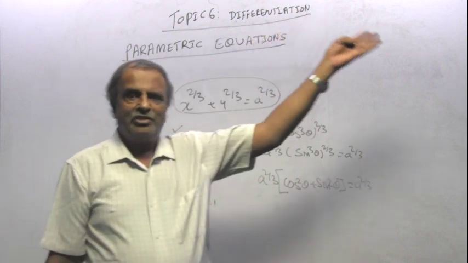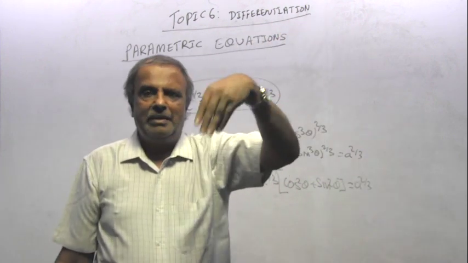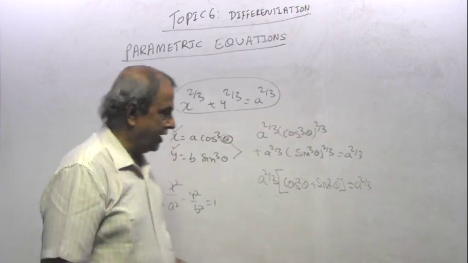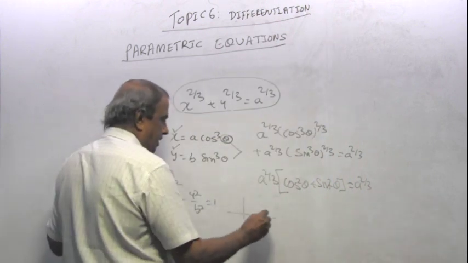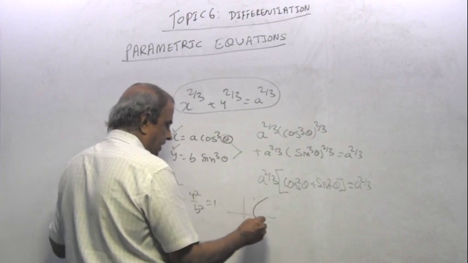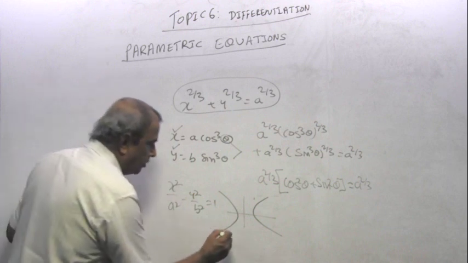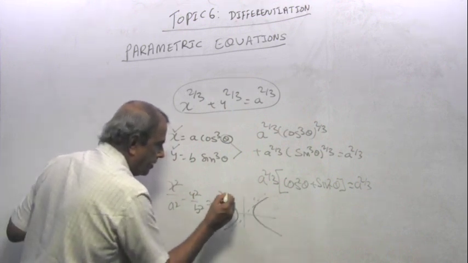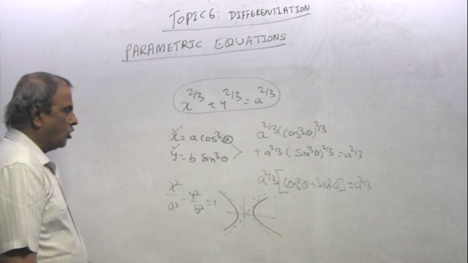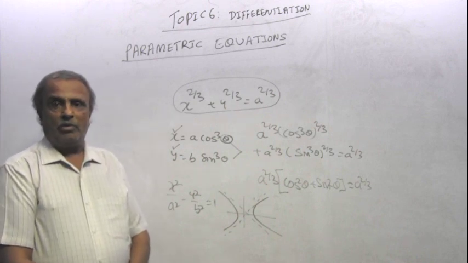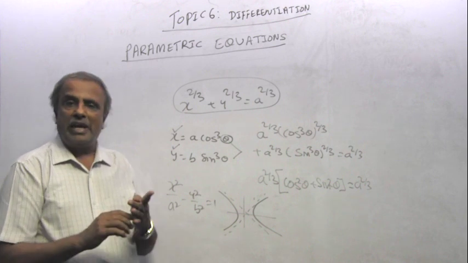Then it becomes easier to solve or work with, because this particular curve is a hyperbola, with asymptotes and everything. People doing further maths would know about it when you do coordinate geometry. So that's the purpose of parametric equations.